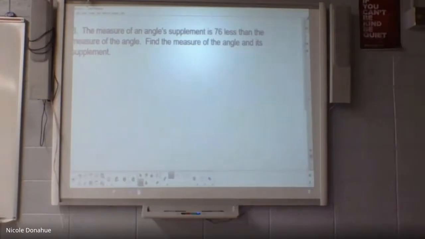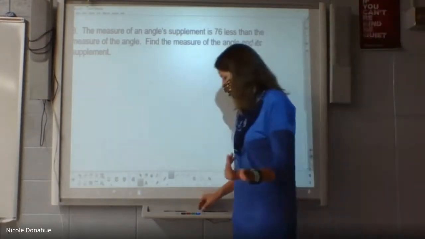What does supplementary mean again? Supplement of an angle. You guys remember? The two angles add up to 180. Yeah, 180 is supplement. Complement starts with C, so that one's 90, because remember, C comes before S. You're like, what does that have to do with 90? C comes before S, so complements add to 90, supplements add to 180.